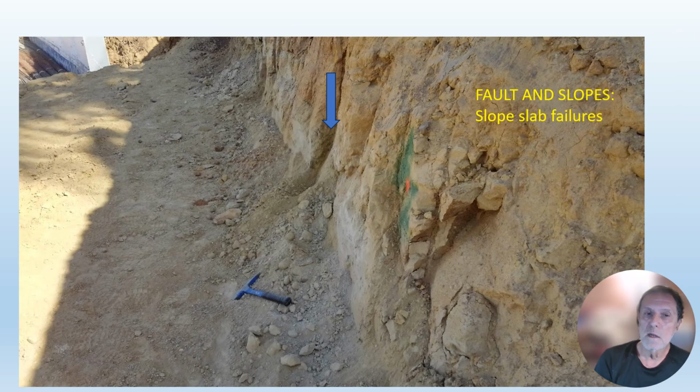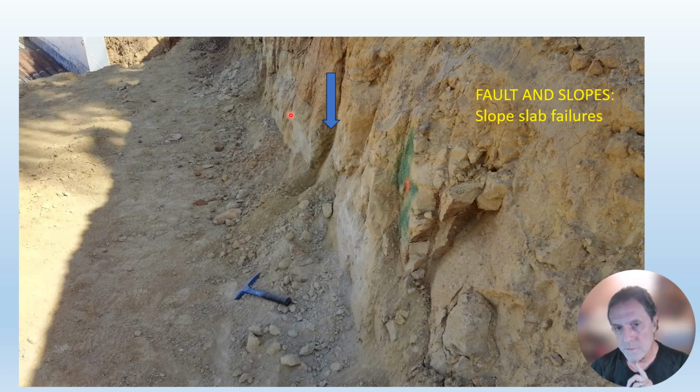So faults can cross slopes, of course. This is one site in San Diego where the fault is running more or less parallel to the slope. So this isn't a finished slope. They're just excavating this to put fill in back up against the slope.